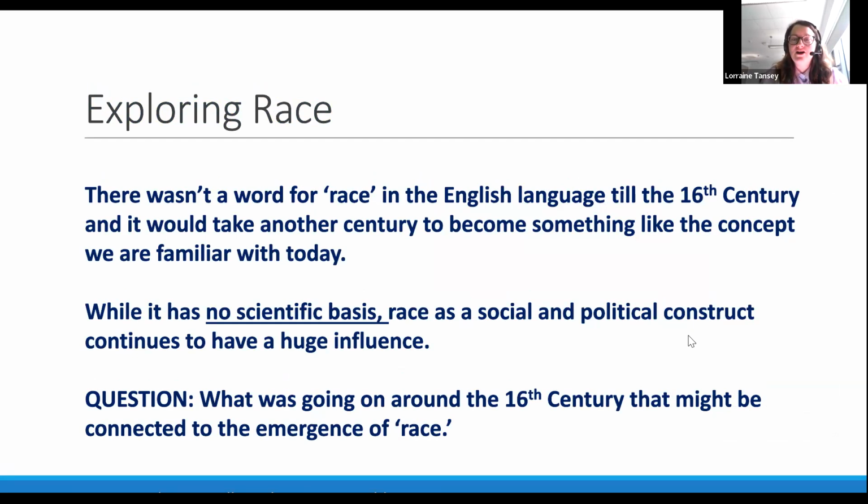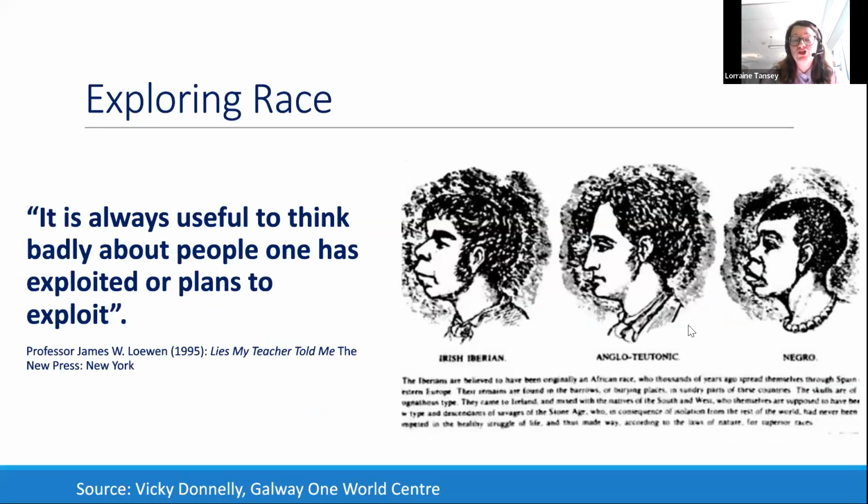That this idea of, if one is to colonize and to enslave, and to think badly of one or to exploit them, it's always useful to actually dehumanize them. So we have this use of science, this use of biology, that the physical frame of the Irish face indicates that we are less of a human, right?